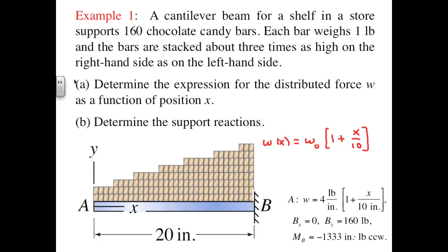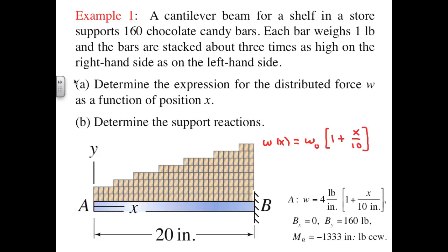Here x is measured in inches, and W0 represents the value of the distributed load at x equals 0 and is something we don't know yet. The functional dependence in brackets is linear and has been selected because it's approximately consistent with the figure and also with stacking about 3 times as high on the right side as the left side for a beam of length 20 inches. You can see that the term in square brackets will turn into 3 when x is equal to 20.